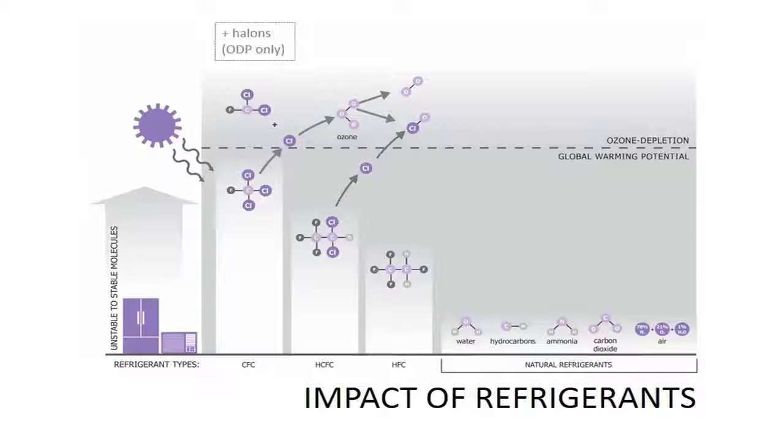Once they reach these upper layers of the atmosphere, they deplete the ozone layer in addition to contributing to global warming. Now the HFCs are less stable molecules, so while they break down sooner and don't contribute to ozone depletion, they do have the largest impact on global warming. So again, we see, much like in other places within green building, a trade-off between environmental priorities.